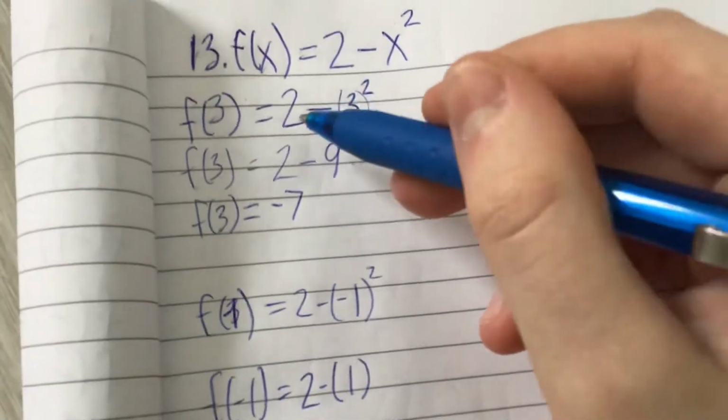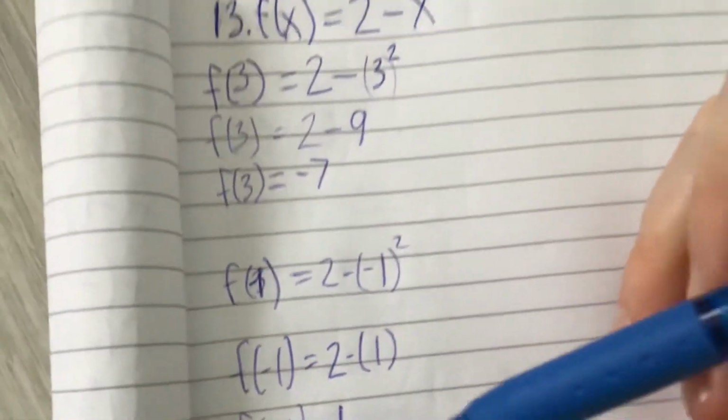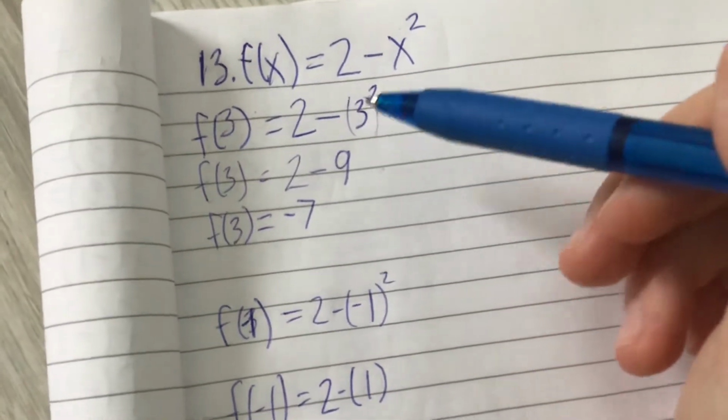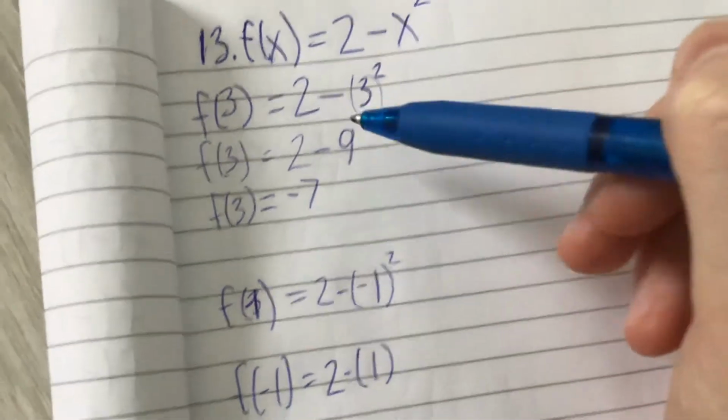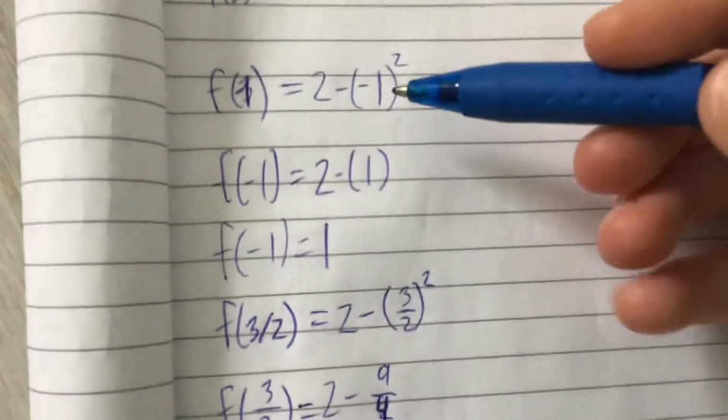It just kind of bugs me to see -3 times -3. It's a good thing I put these in parentheses, because -3 times -3 is positive 9. So it bugged me a little bit, but I see where I went, I was okay in there.